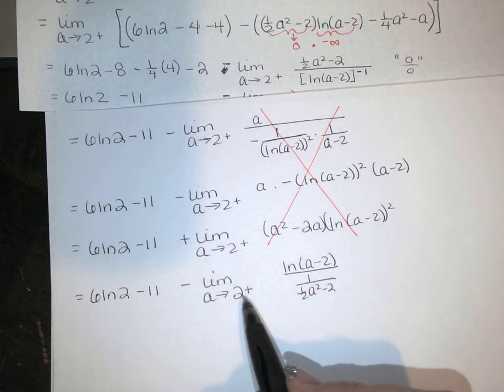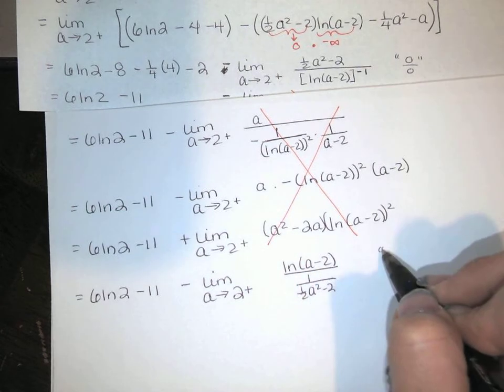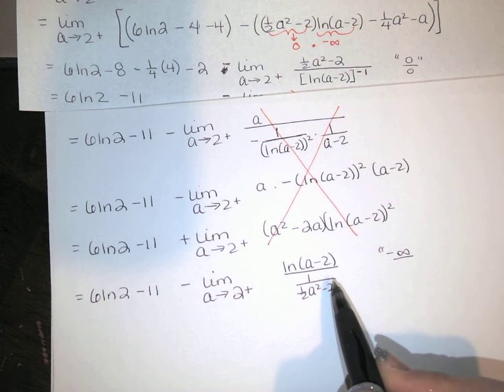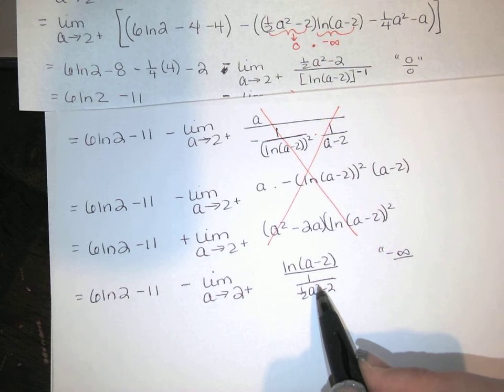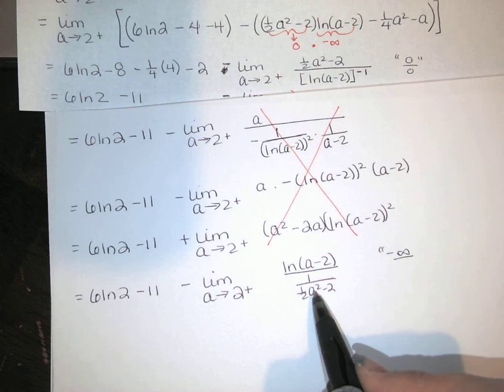As a approaches 2 from the right, this is still approaching negative infinity, and this is still approaching 0. So as a approaches 2 from the right, this is approaching 4, half of that is approaching positive 2, and this is slightly larger than 2.